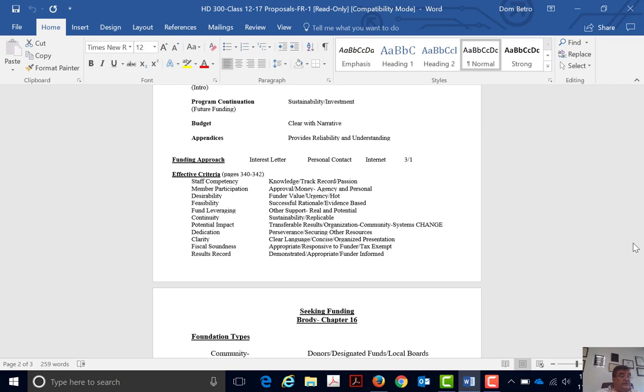The approach to seeking funding is simple, or I should say is evolving in some ways, because you still need the kind of old school interest letter that helps introduce you. The personal contact is always very important.